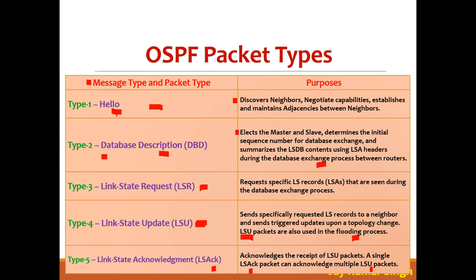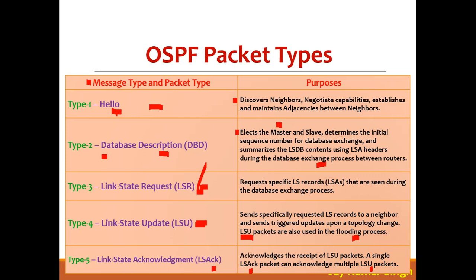Now there is one other message, which is known as LSR, link state request. If any router or neighbor is missing something in the database, he sends a request to the master, and the master will reply according to his requirement.